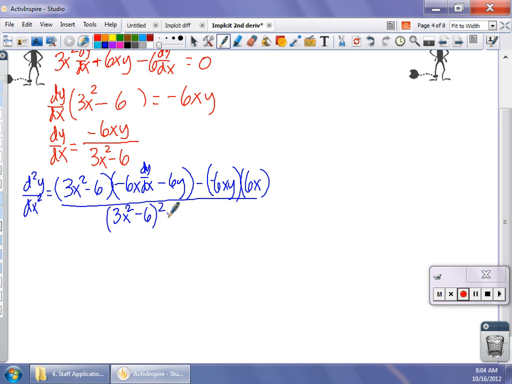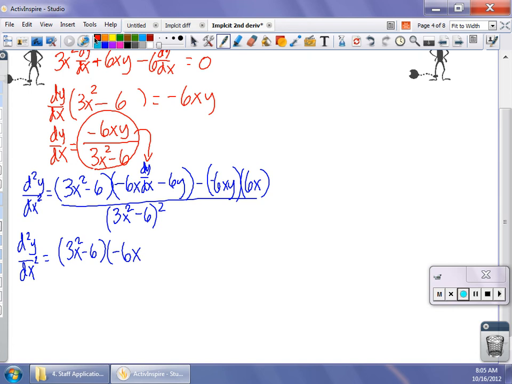Am I going to clean first, or am I going to substitute the dy dx? I think I'll go ahead and do a little bit of both. So now, in place of my dy dx, I'm going to substitute its equivalent. So I will have d squared y over dx squared is equal to 3x squared minus 6 times negative 6x.